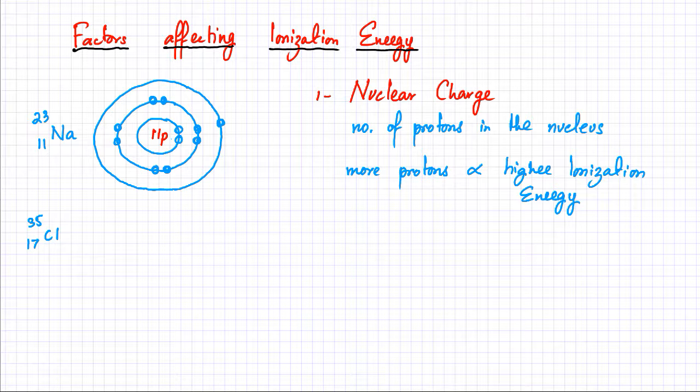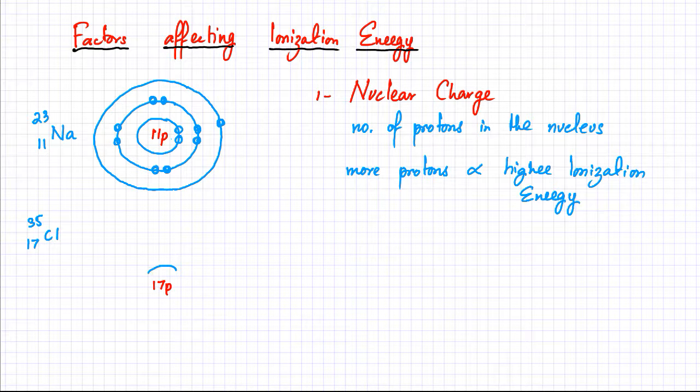So in the center of this atom, there would be 17 protons. So the nuclear charge is plus 17. All 17 electrons are surrounding these 17 protons, and they are attracted by them.